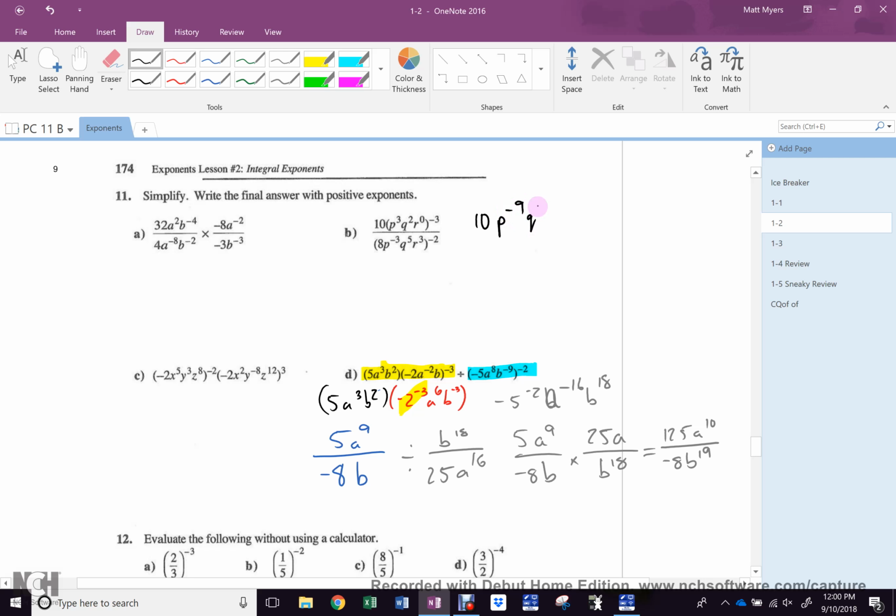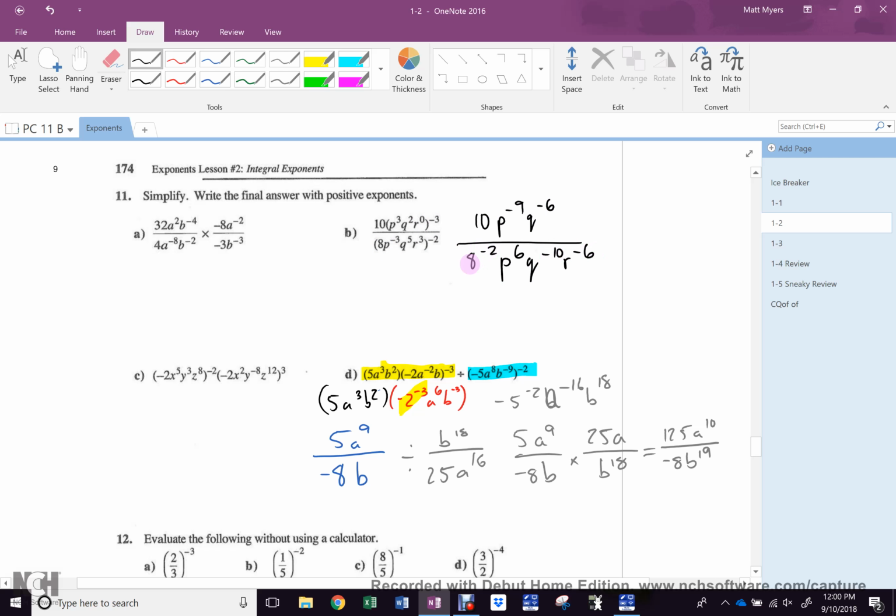Q is going to become negative 6. And R is going to just disappear. There's no R's up top because it's R to the 0, right? Over. Now this 8 does get affected. So it's 8 to the negative 2. P to the positive 6, Q to the negative 10, R to the negative 6.